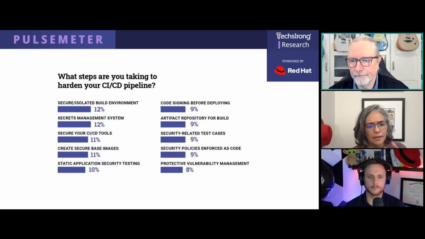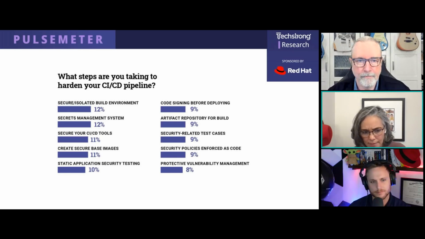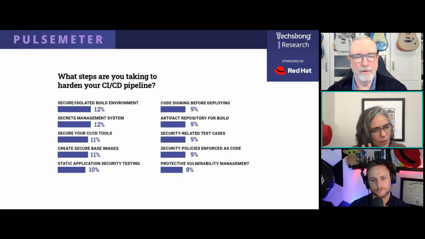Can I ask you a question? Sorry, about the secure your CI/CD tools. Is that a configuration issue? Does that mean who has access to the CI/CD tooling? It's short, so I was trying to figure out what it means.